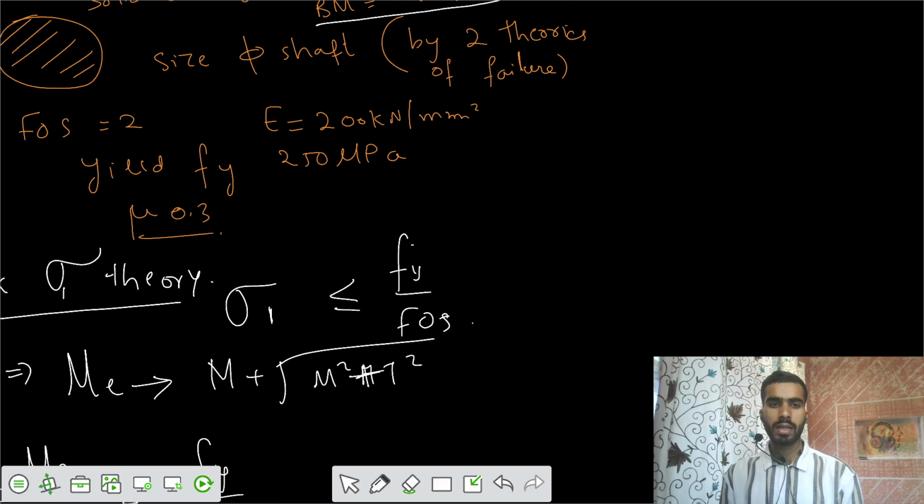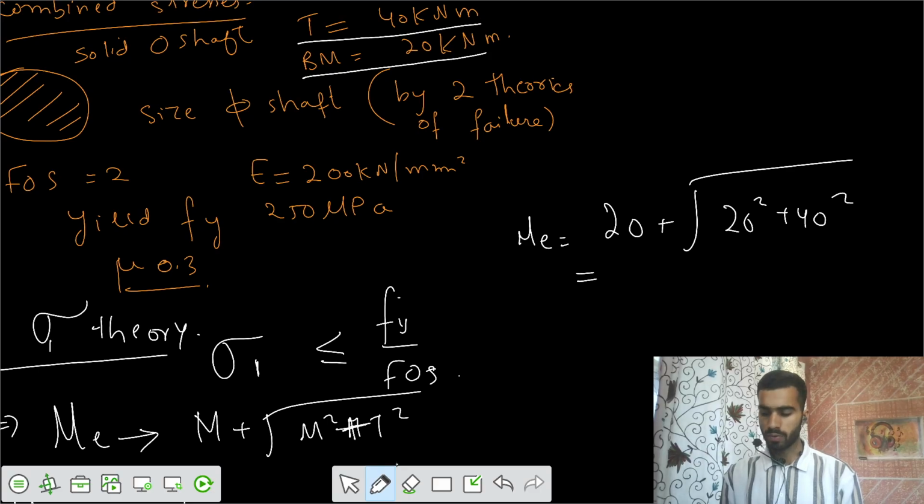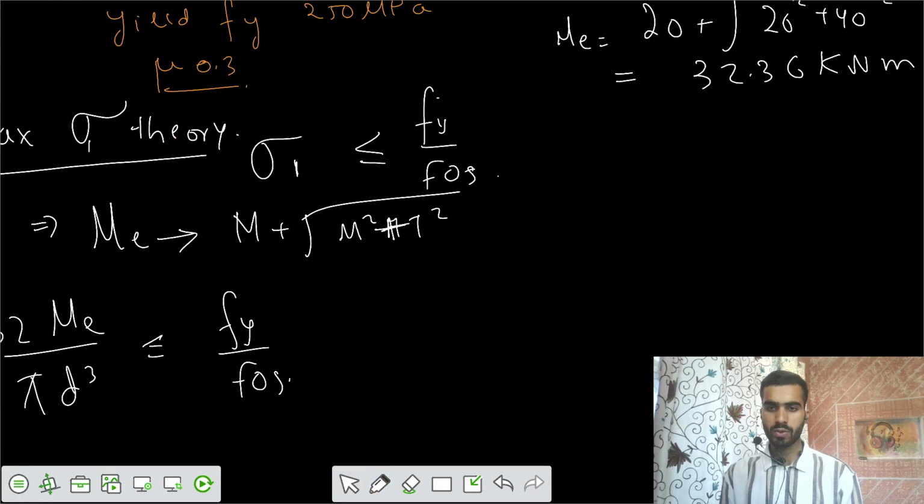What should be the value of ME? ME would be 20 kilonewton meter plus root of 20 square plus 40 square, so you get ME equals 32.36 kilonewton meter. Let's use that value.